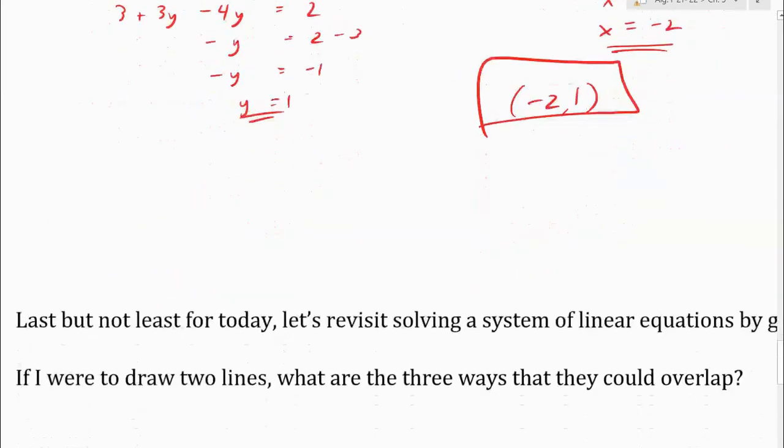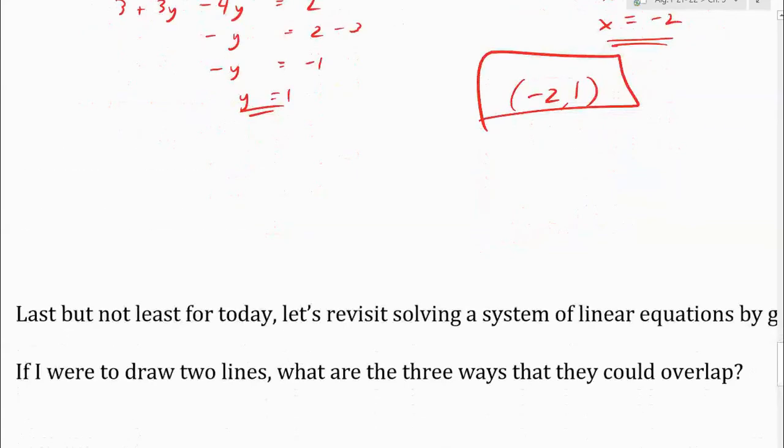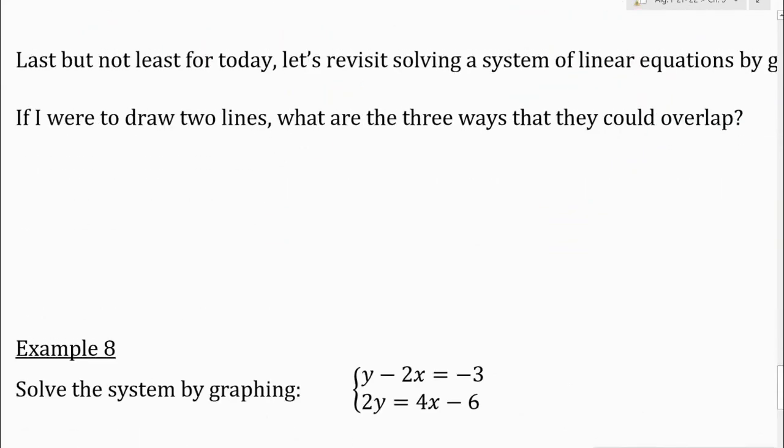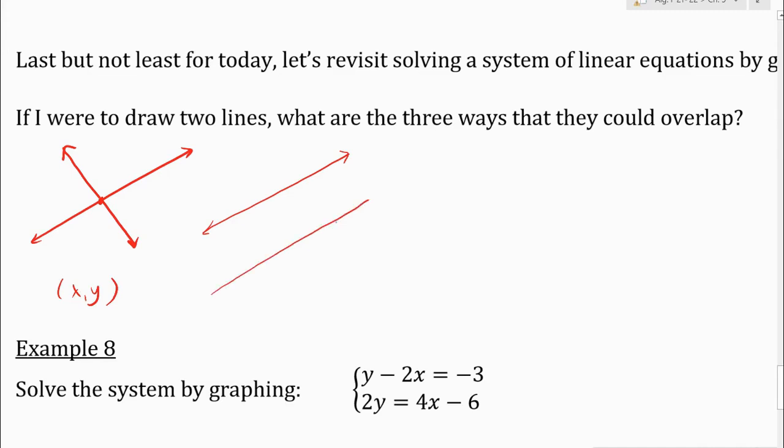All right. And then last but not least, going back to the little bit of the graph and stuff. When we've drawn 2 lines when we were solving systems, so far, one of 2 things has happened. Either the lines intersected and we found a solution that was an ordered pair, or the lines didn't intersect because they were parallel and we figured out there was no solution to that system.